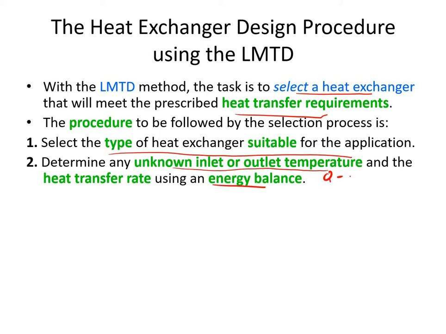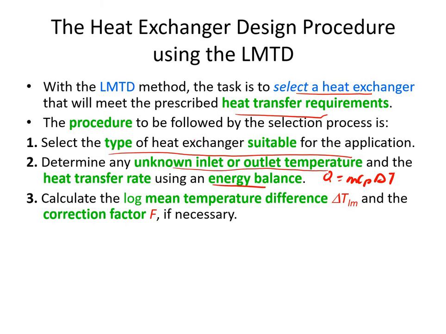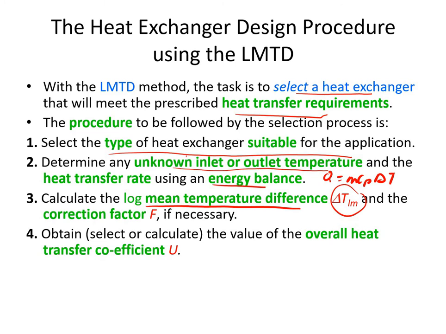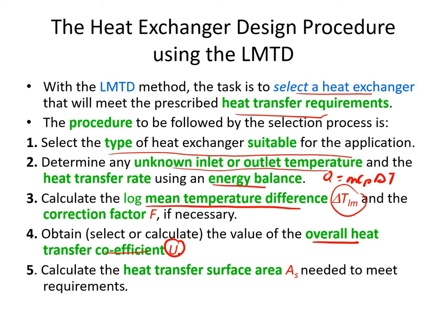You can use Q equals m Cp delta T. Third step is to calculate the log mean temperature difference, which is delta TLM, and the correction factor if necessary. This is if you use shell and tube and also cross flow exchangers. Number 4, you need to select or calculate the value of the overall heat transfer coefficient, which is U. And lastly, you have to calculate the heat transfer surface area needed to meet the requirement.